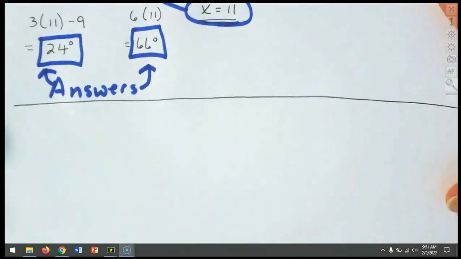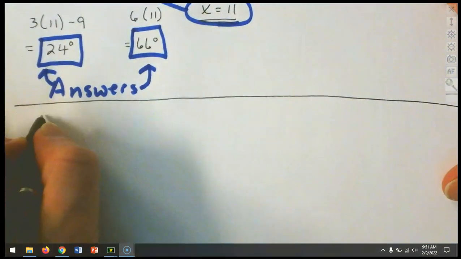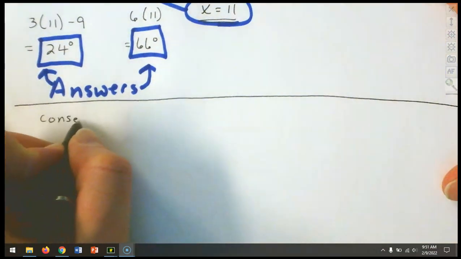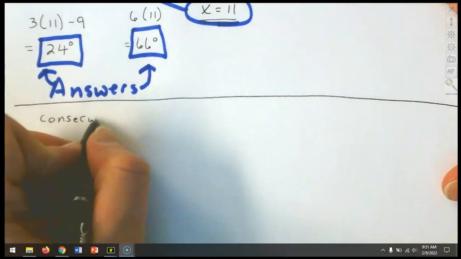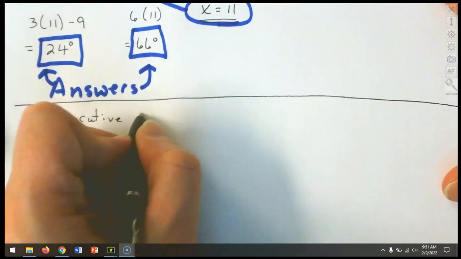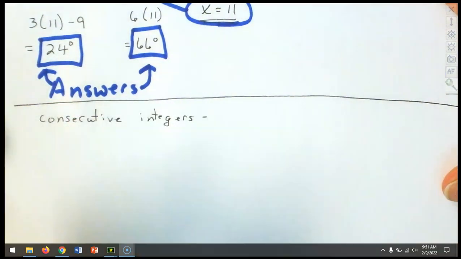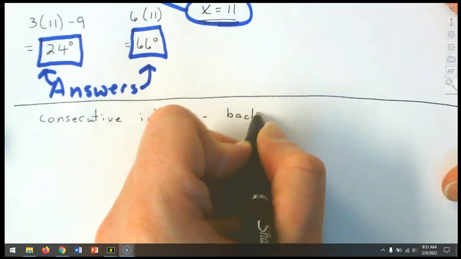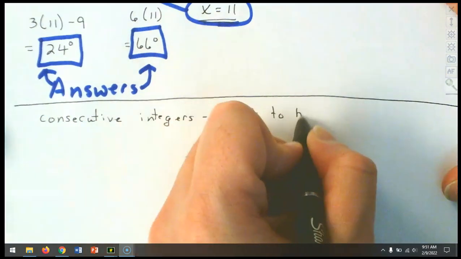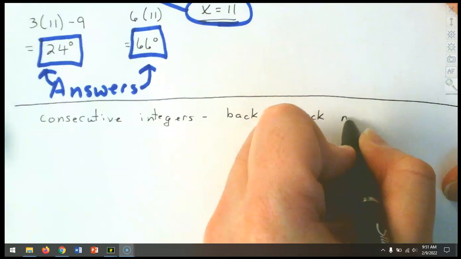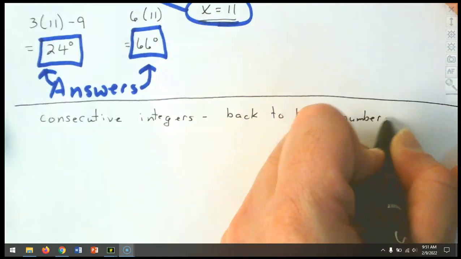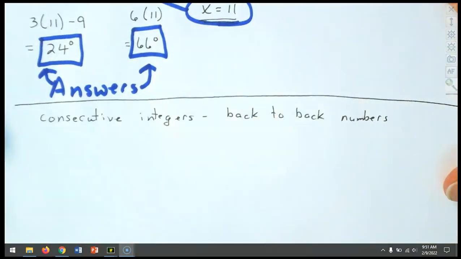So when we talk about consecutive integers, we're talking about back-to-back numbers. So what would consecutive integers look like?